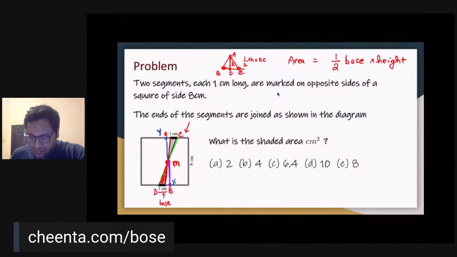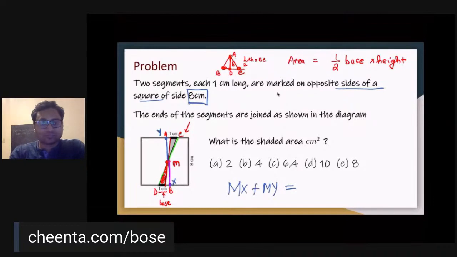Okay, so remember the side of the square is 8 centimeters. That's given to you. So can anyone tell me what is MX plus MY? What is the value of MX plus MY? If you add MX and MY, what would you get?